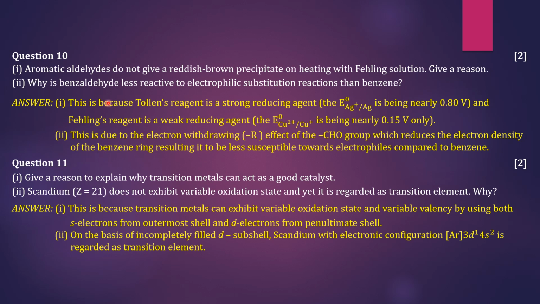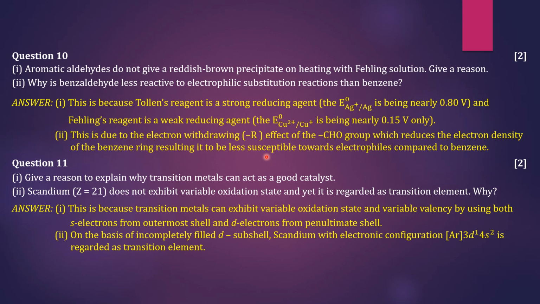Second question is, why is benzaldehyde less reactive towards electrophilic substitution? I already mentioned that due to resonance, there is a partial double bond character between the aldehydic carbon and the benzene carbon. Why? Because the aldehyde group exerts electron withdrawing minus R effect. Since this resonance effect is electron withdrawing in nature, it is reducing the electron density of the benzene ring.